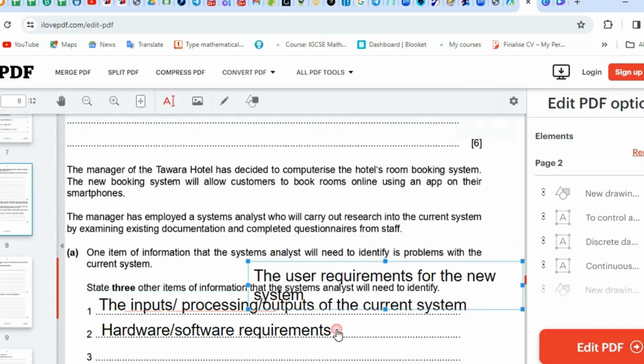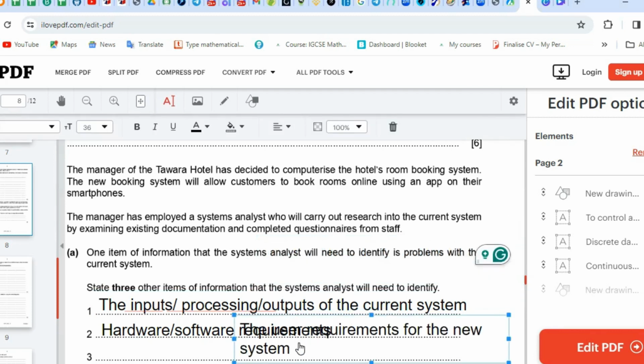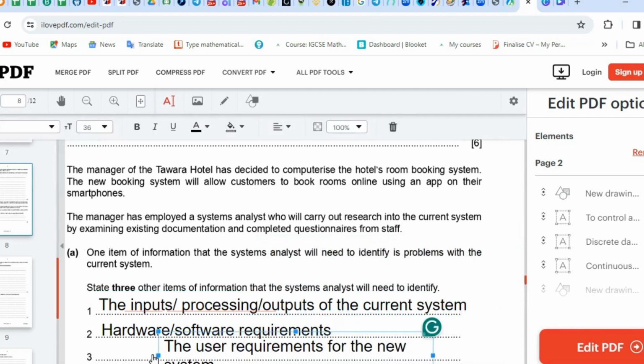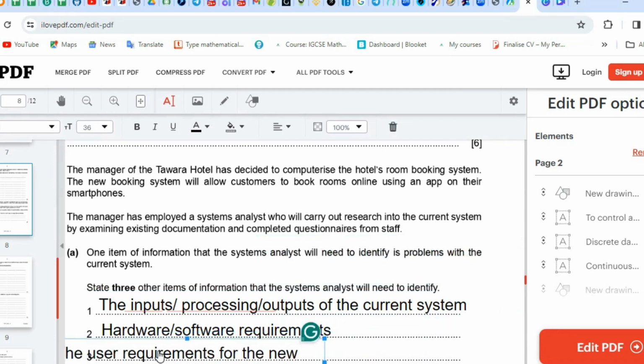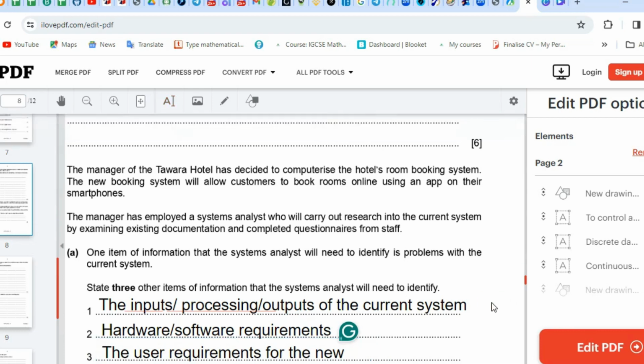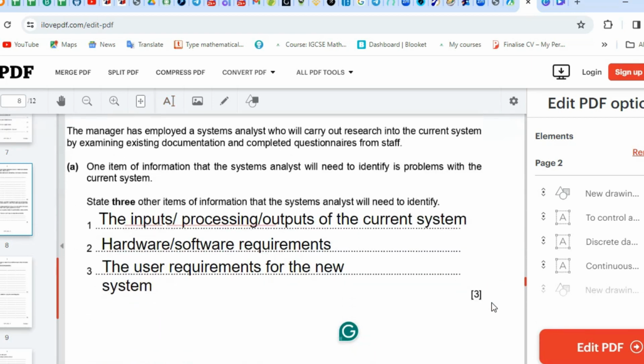So those are the three that the analysts need to consider and identify for the new task.